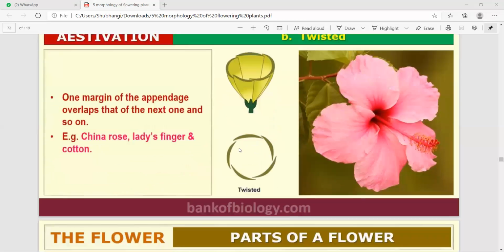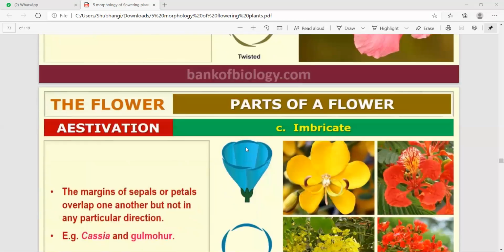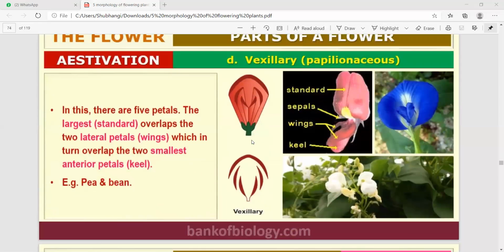Nikhil, I want you to explain what is vexillary estivation. Sir, vexillary estivation is the estivation in which there are four parts. The largest is known as the standard, which overlaps the two lateral petals, which also overlap the smallest petal, known as the keel.